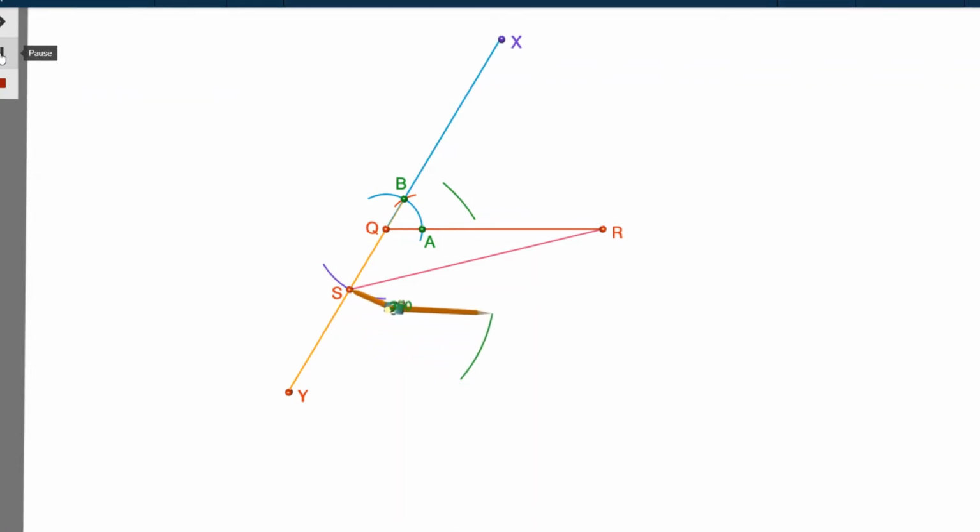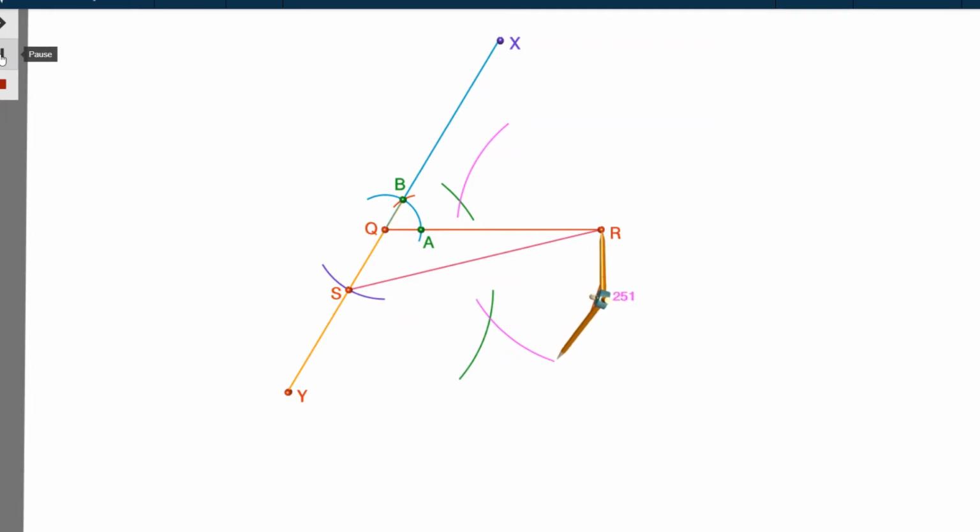It should be more than half of SR. Why should it be more than half of SR? Because if you take less than half of SR, the arcs will not cross.